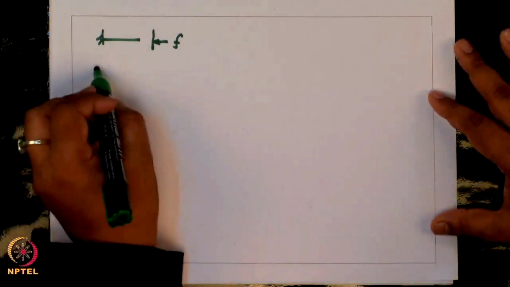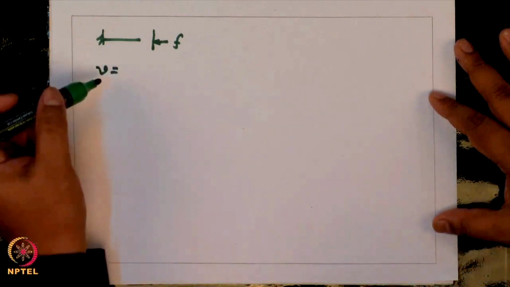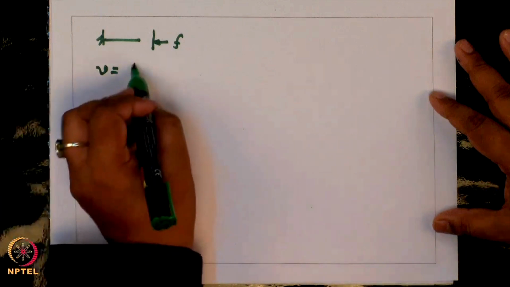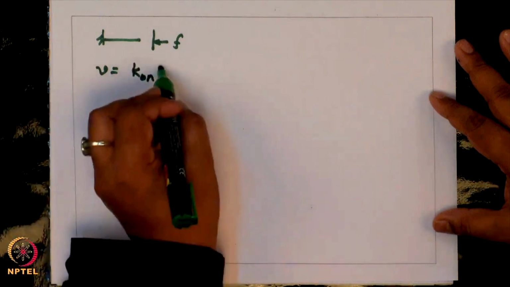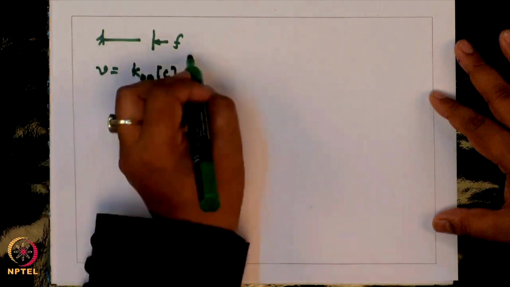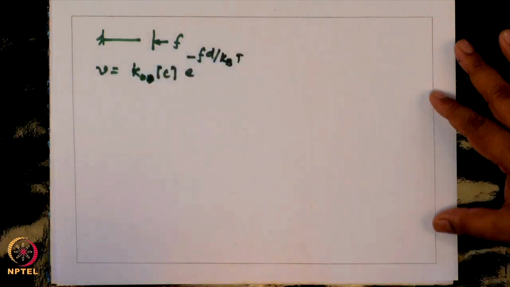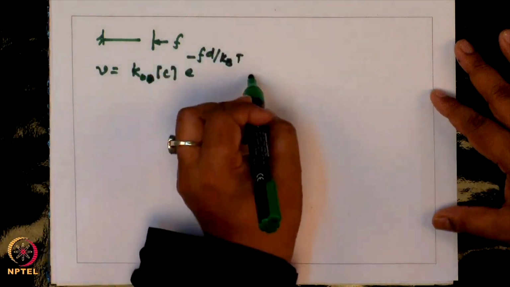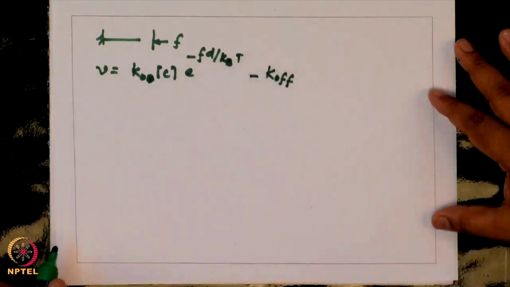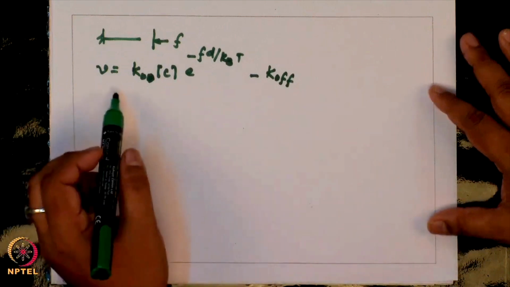I can write the expression for the velocity of filament growth as k_on C, where k_on is k_0 into C into e to the power minus f d by k_B T, minus k_off. So, this is the velocity.